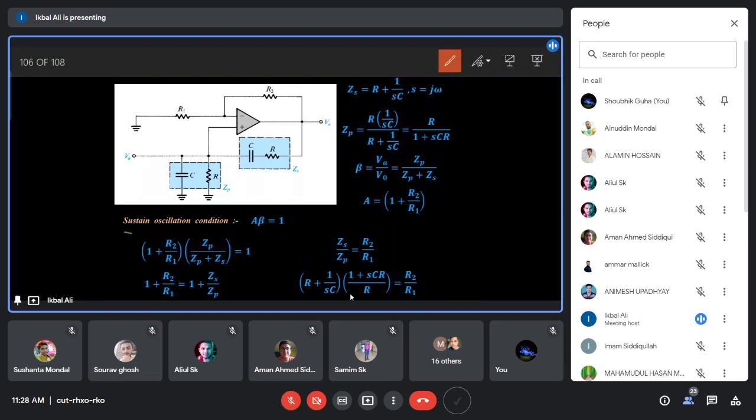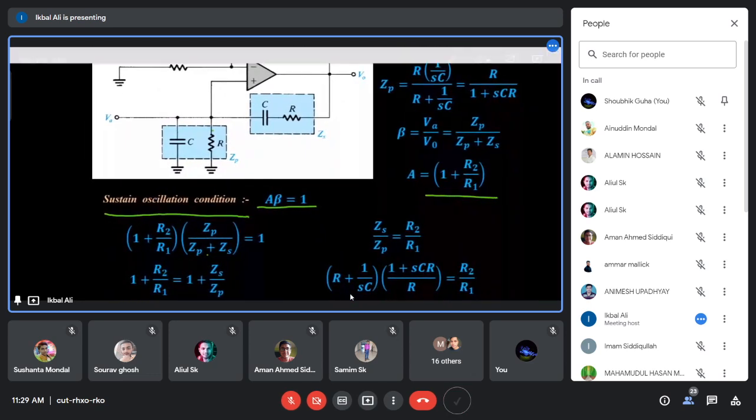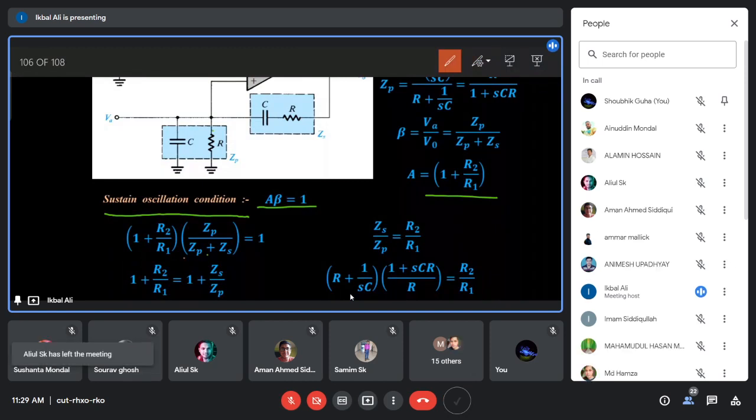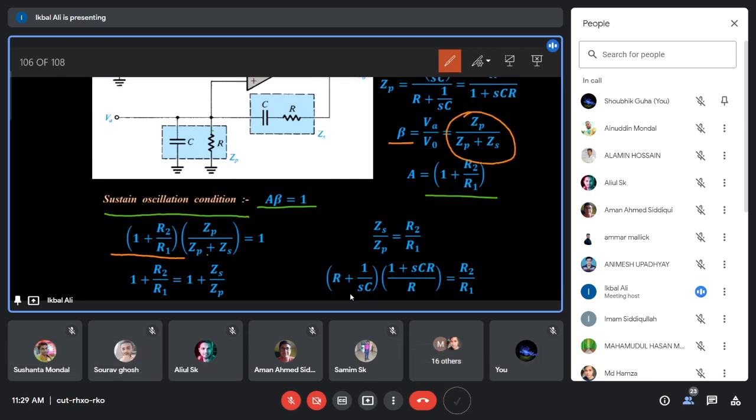For the sustained oscillation condition, you have A beta equal to 1. So now you put the value of A equal to 1 plus R2 by R1. What is beta? Beta is ZP by ZS plus ZP. It is equal to 1.